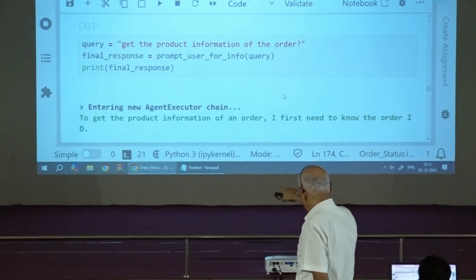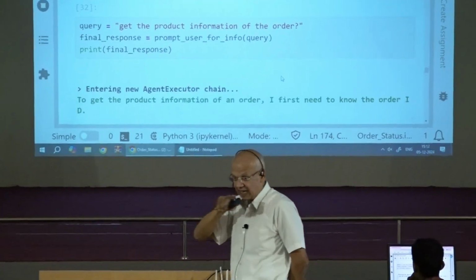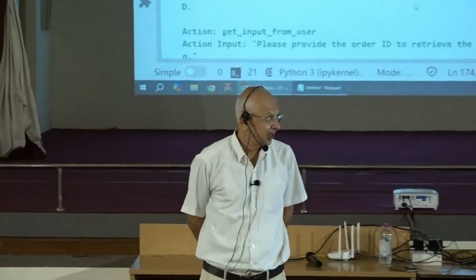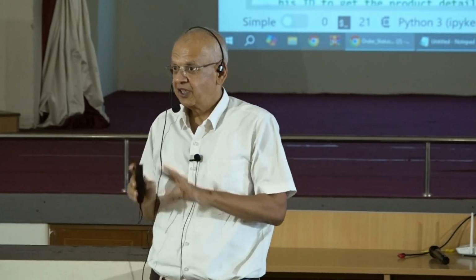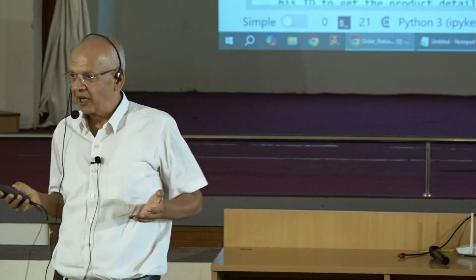Now, the one which you are seeing in green, I hope you are getting the color. You are seeing something in green. Green is the thought which the agent is thinking. It is not written by me or by you or by anyone.